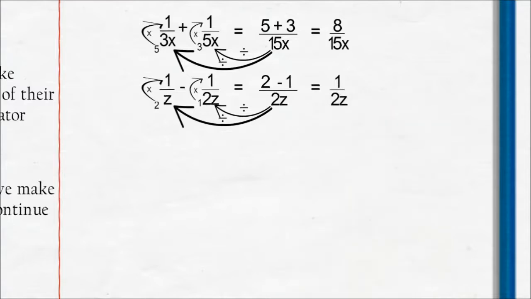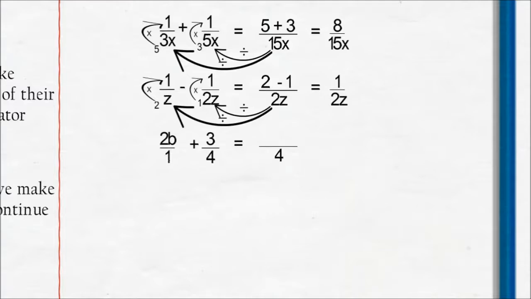In number 5, we have 2b plus 3 over 4. Now, this is the case of adding a whole number to a fraction. First, we'll make the whole number a fraction by just simply writing 2b over 1. So it means the denominators now are different. So we now have to find the LCM of 4 and 1, which is 4 itself.